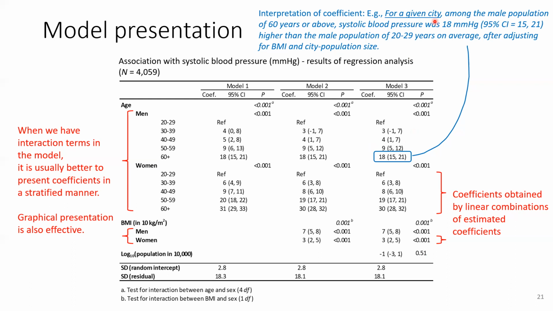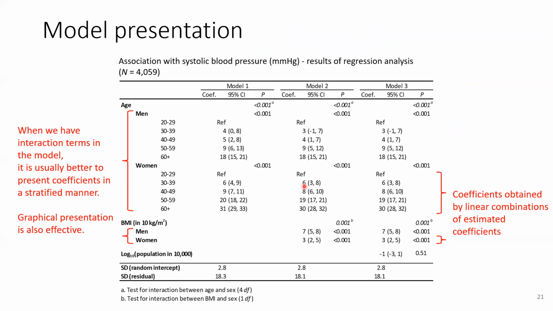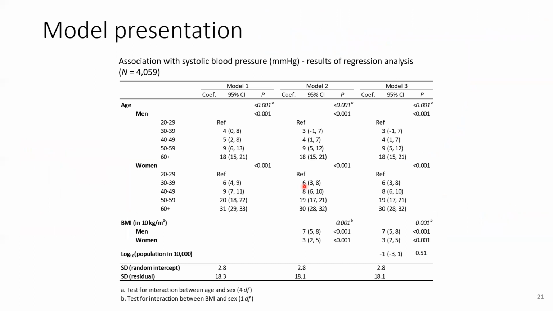Okay, silence. This is Firmino. I have a question regarding the population, comparing the population of 20 to 29 years. Where in the model do you put that this is a reference term? So age consists of 5 categories, right? Yes.